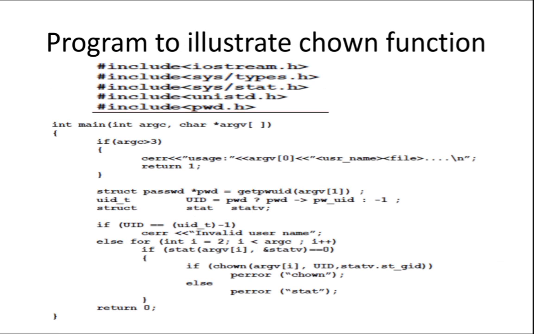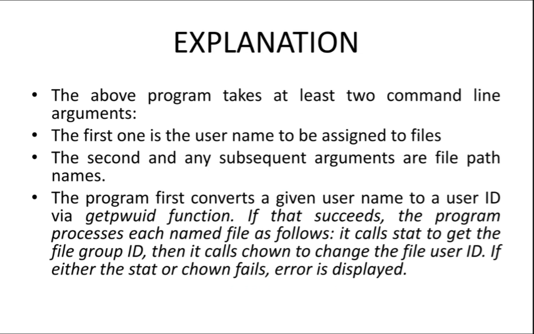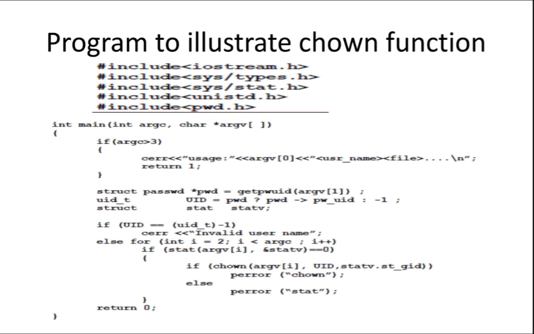So what will be there in argv of 0? argv of 0 contains the username. After that, the second and any subsequent arguments contain the file path names. argc greater than 3 means you can have any number of files. You can give any number of files to change the user ID and the group ID. That's why argc greater than 3.